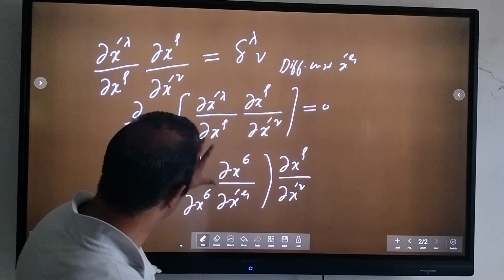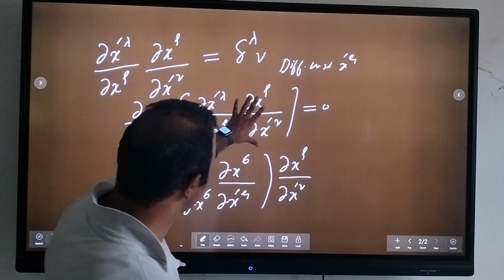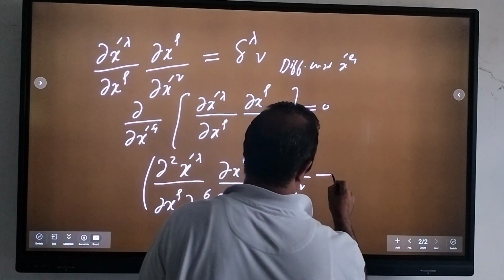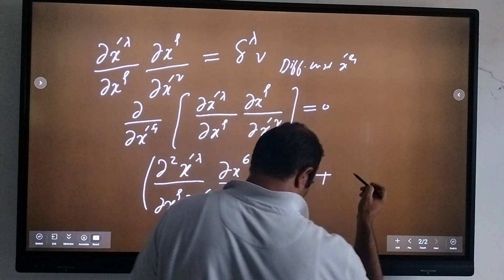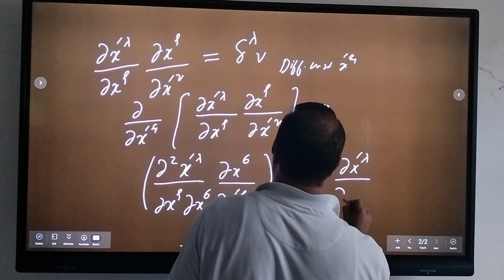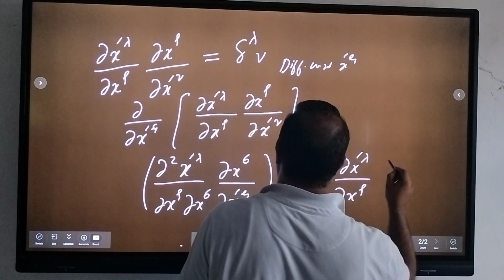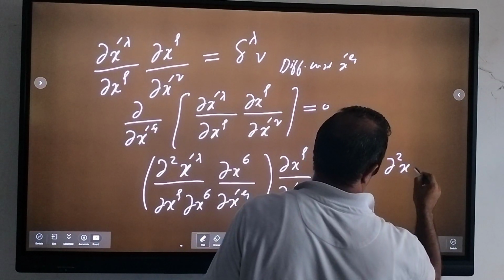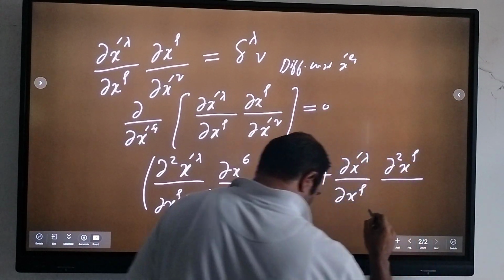Now similarly, this is our first term when you differentiate this term, and this term is constant. Now the second term will be, take this as constant, that's partial x prime lambda, that's partial x rho.